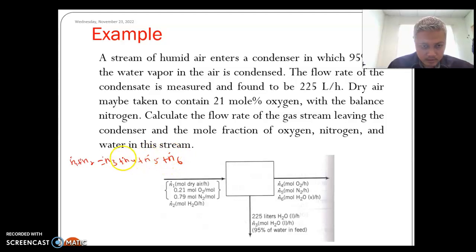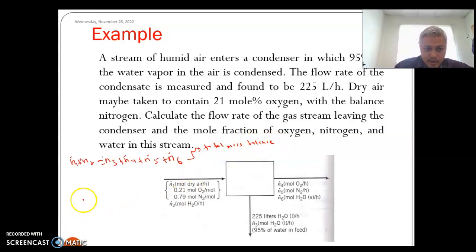Okay, this is easy because we know that we have two inlet and then we have two outlets, where the first outlet we have N3, the second outlet we have N4, N5 and N6. So this will be our total mass balance, the first independent equation that we have.